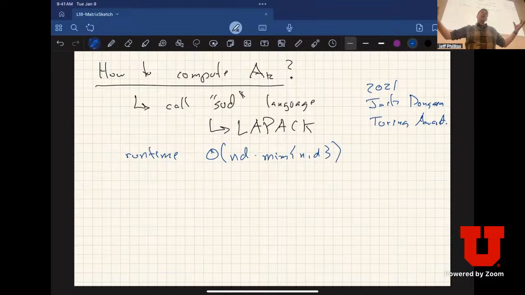If D is pretty small, it's not going to take too long. But if N and D are both large, and we start to see very large machine learning and data mining training sets, you really want something a lot closer to linear time. When things grow quadratically in time, it starts to be painful.